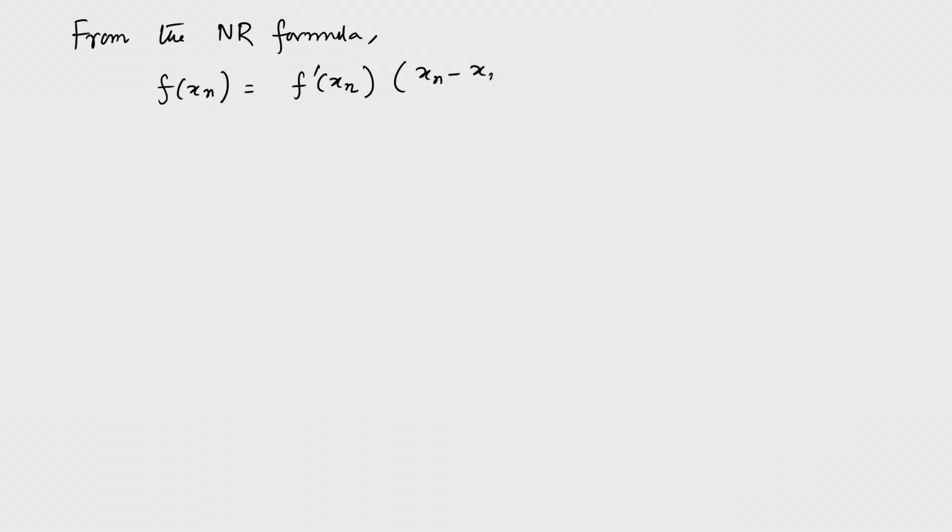From the Newton-Raphson formula, let us write it as NR in brief. f of x n equal to f prime of x n into x n minus x n plus 1, which is the same formula that we have written earlier: x n plus 1 equal to x n minus f of x n divided by f prime of x n.